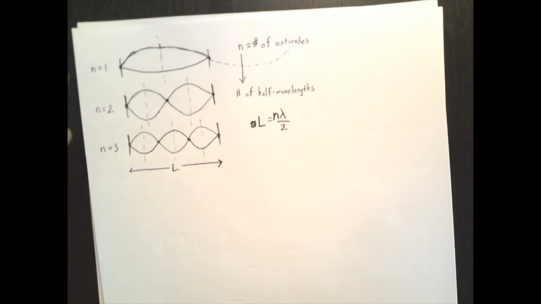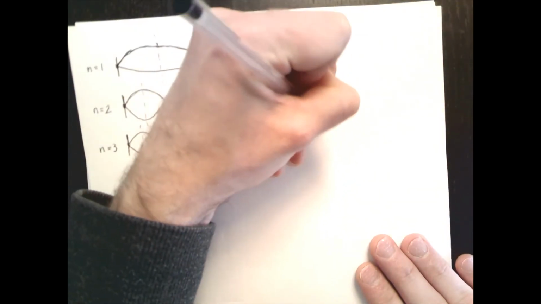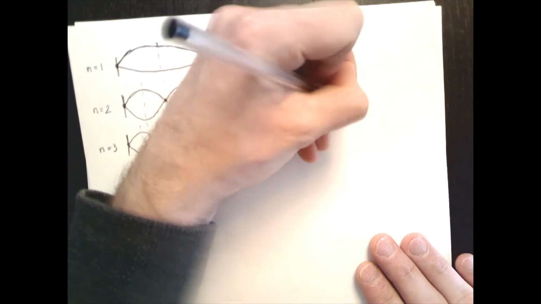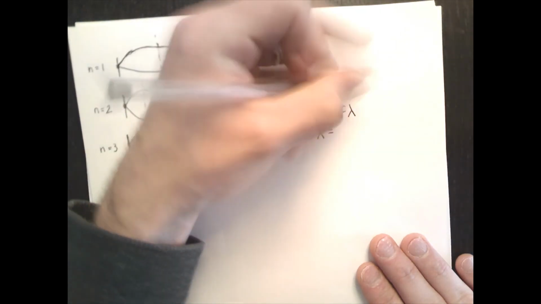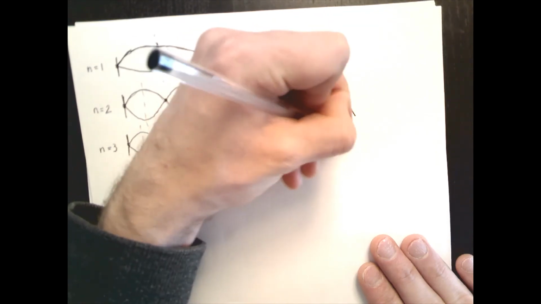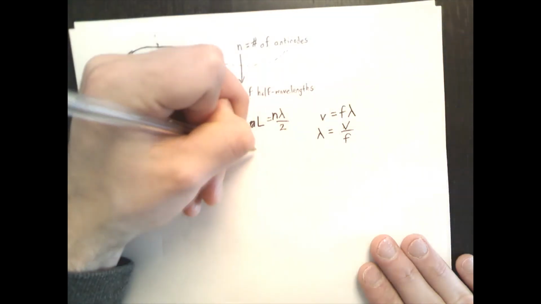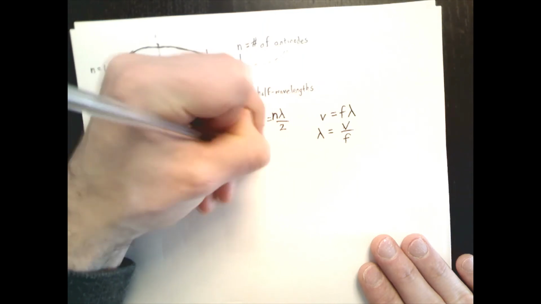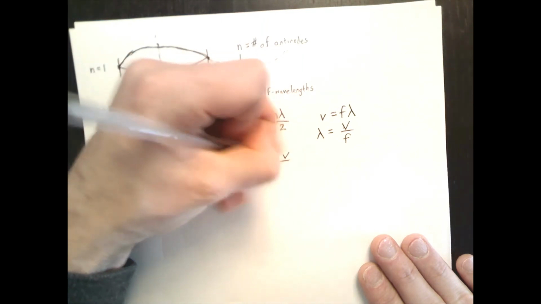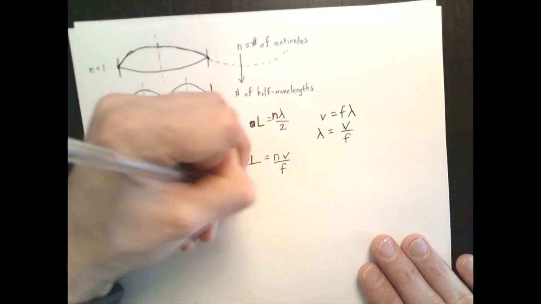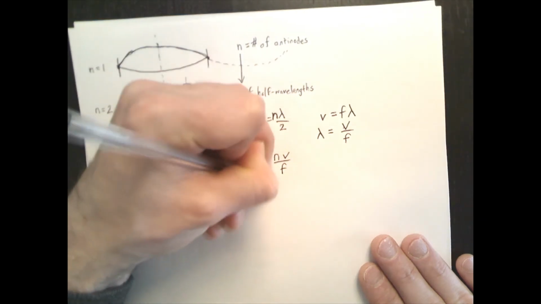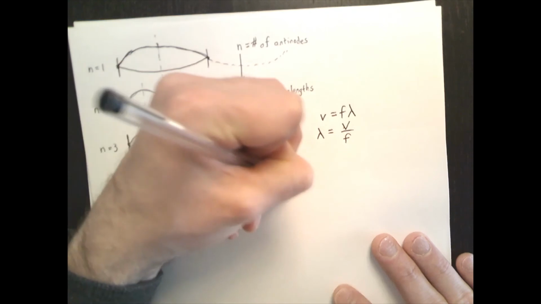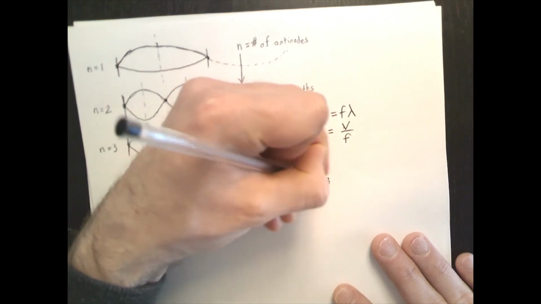We want to find the special frequencies that correspond to this system. We can substitute the formula we learned last time, v equals f times lambda, and we solve for lambda as v over f. So now I can substitute in L, let's say 2L is equal to nv over f, or that the special frequencies we get are nv over 2L, where n is any integer value.